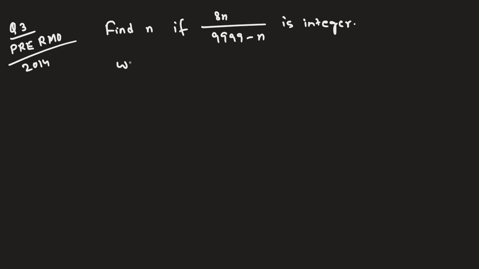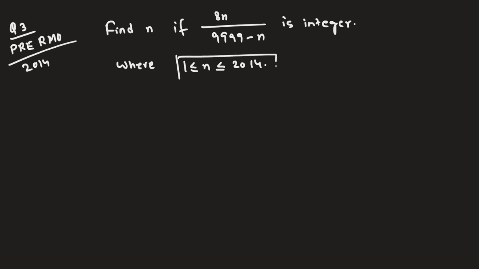The question is, find n if 8n divided by 9999 minus n is an integer, where 1 is less than or equal to n, less than or equal to 2014.